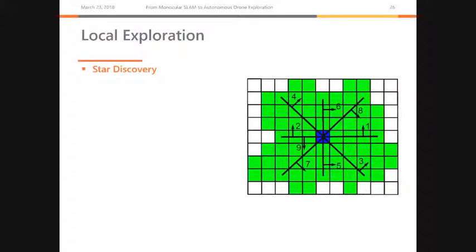In each part the loop would be closed, but because after one part of the star discovery we don't have that much information about the environment, they postpone the loop closure until the end of a complete star discovery.